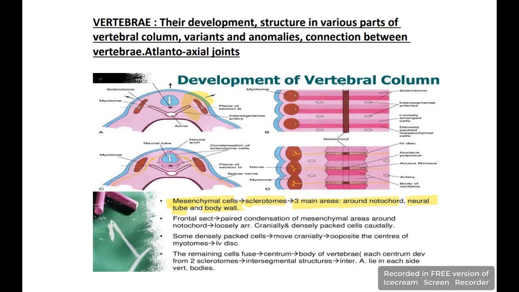This is the part of the sclerotome of the mesoderm. Now it differentiates into this structure. It has the upper and inferior, like a caudal part. So these layers are there.